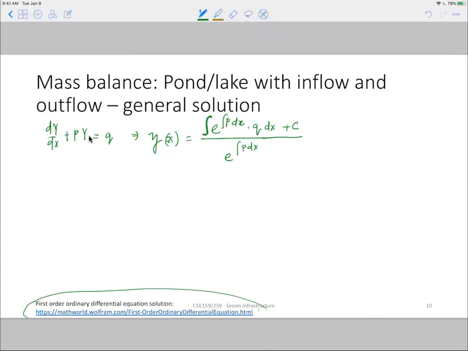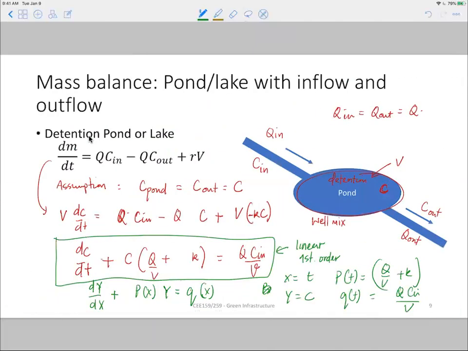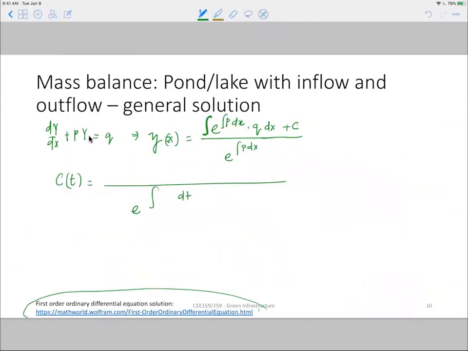This is the formula. Now we just have to write that equation for the concentration C as a function of t. At the bottom, e to the power integral of p dx, where x is t here and p is this term, Q over V plus k.